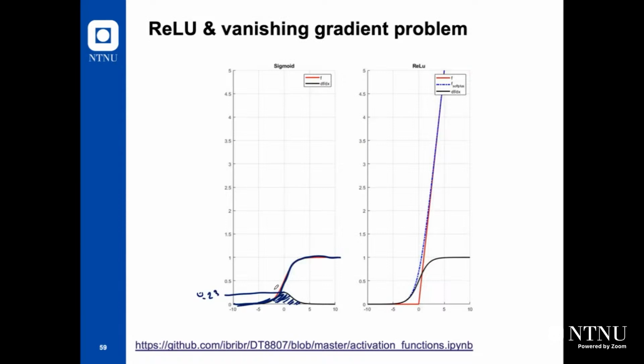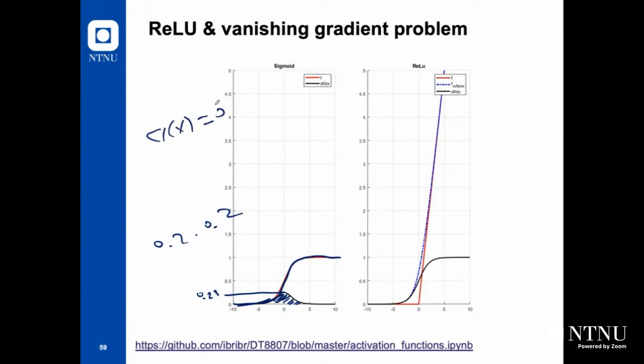And if you are using this function in multiple layers, we will do these multiplications, because when we propagate the error from the output layer to the input layers, we need to propagate through many different layers. So in each layer, you will do this multiplication several times. At some point, it will be 0.2 multiplied by another 0.2 and so on, which will get much smaller. So the problem here, when you are using this activation function, is that at some point delta x will be 0.